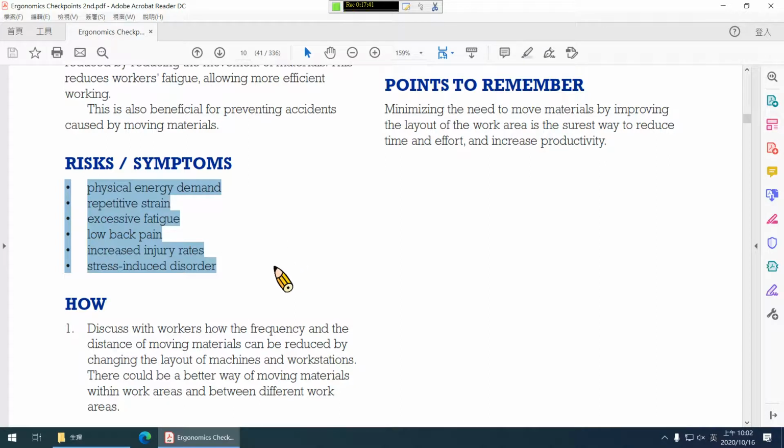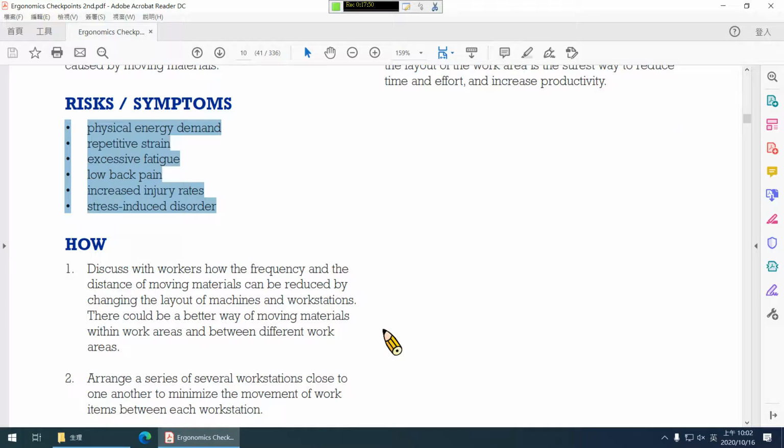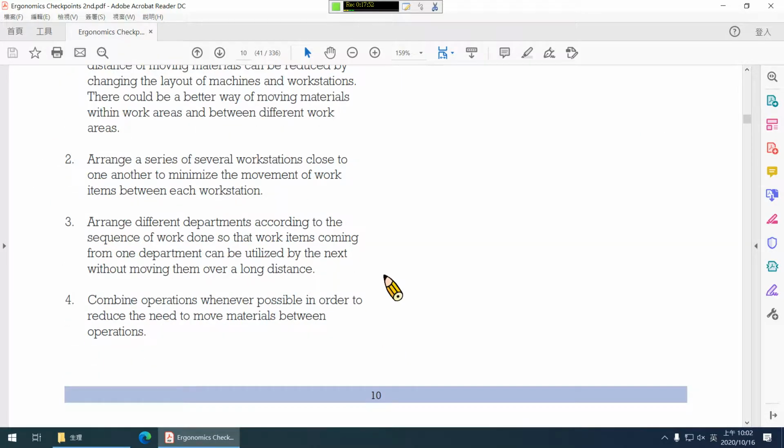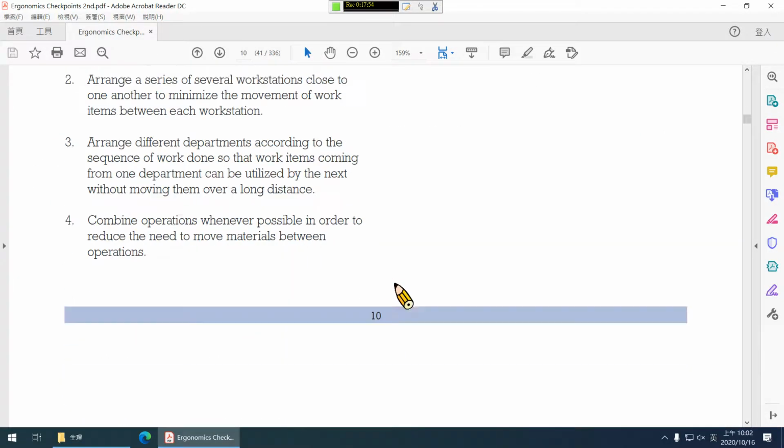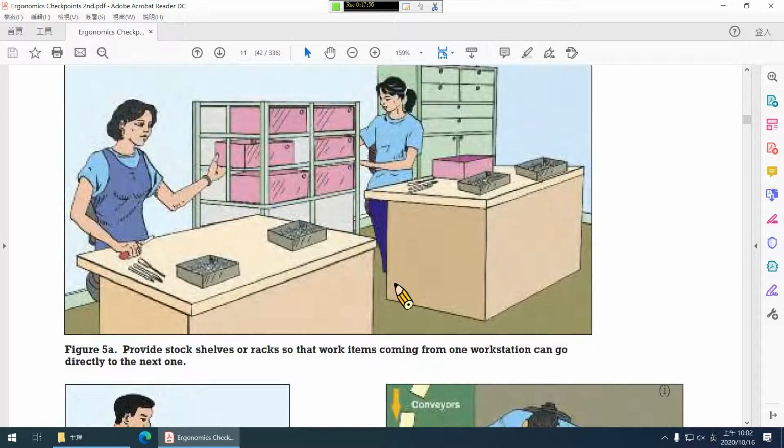That's why we have this kind of checklist. Okay, and it tells you the reason, okay, and it shows you some of the example. So the best way to protect the workers is through, again, industrial engineering.